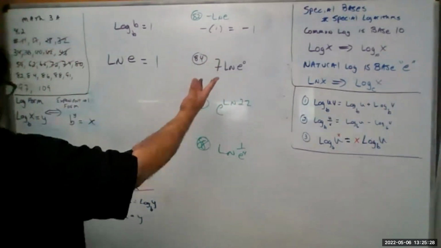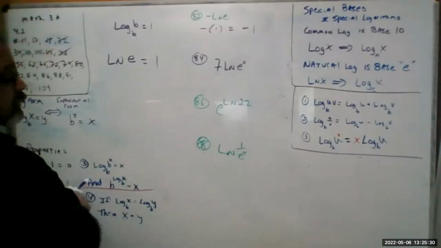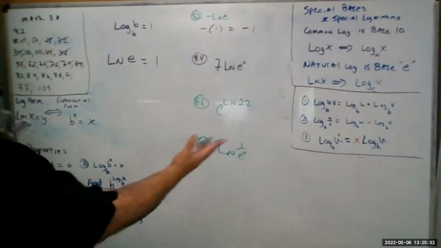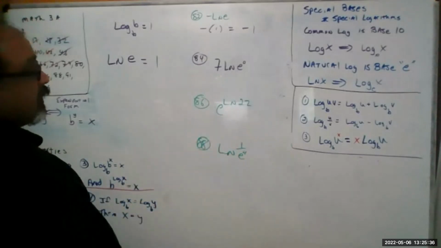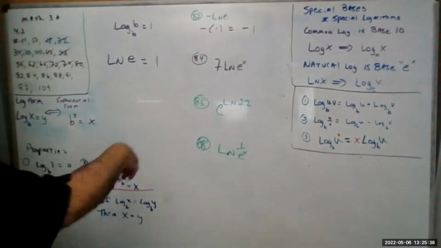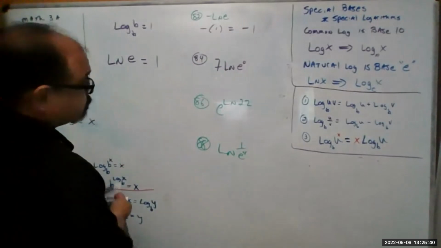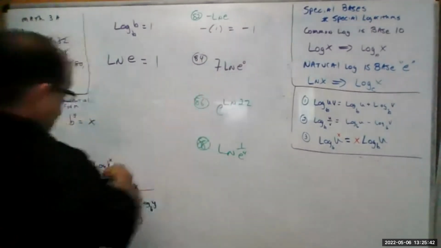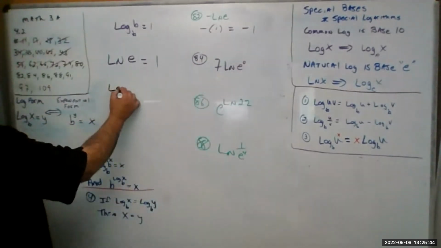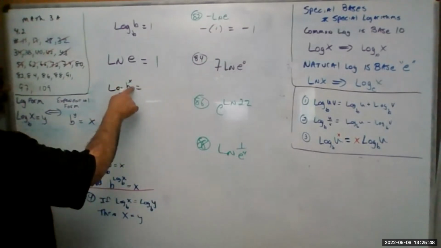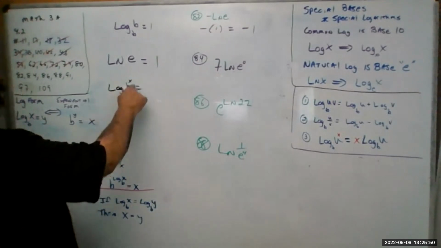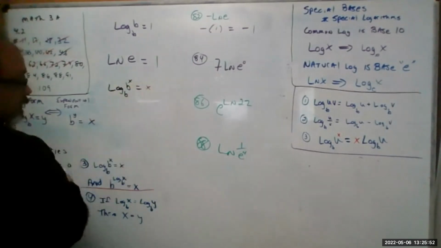Now, technically, it is the first property. You know what? It's a combination of property 3. You can think of it as property 1. There's a lot of ways to look at this. Property 3, log base b of b to the x. If the bases are the same, then log base b undoes b to the x, and you just get x.